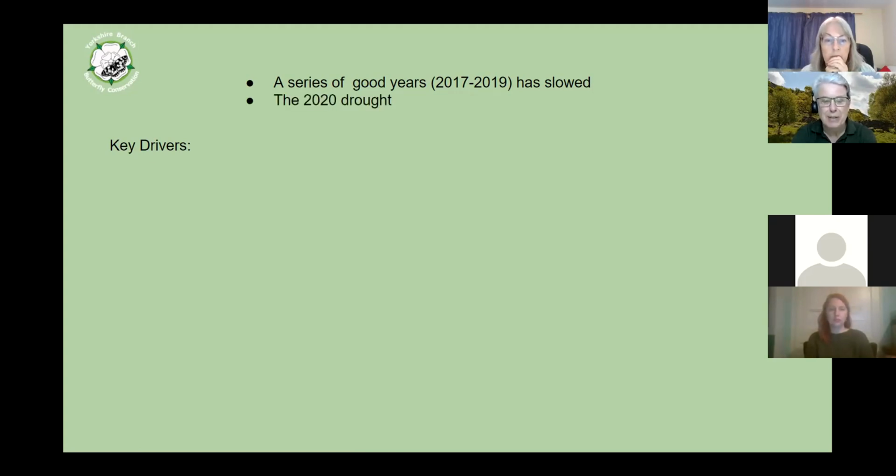The other key factor we looked at is the 2020 drought that has had a significant effect on those that prefer the damper conditions. We've looked at the record-breaking spring of 2020. That was partly responsible for the boom in the brimstones and the orange tips. Obviously, they're at their very best in 2020.